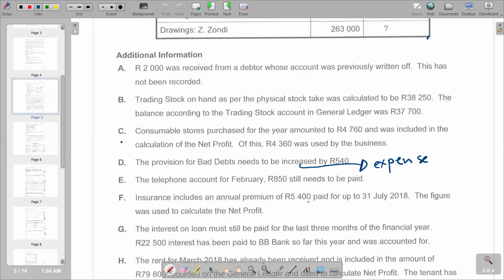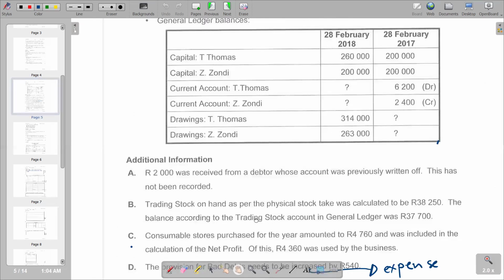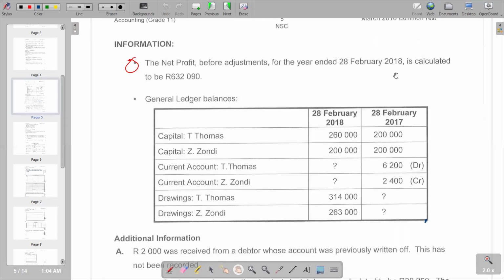If insurance includes an annual premium of 5,400 paid for up to 31 July 2018, the figure was used to calculate the net profit. So it means let's start by identifying our financial period. We're starting, where it's ending. I will say that our financial period is ending 28 February 2018.